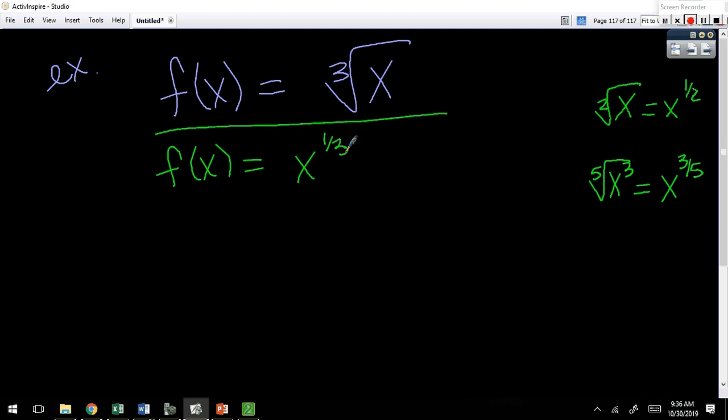So yes, this is a power function. Is it an inverse variation or a direct variation? It's positive, so it's direct. Are y'all following my thought process here?